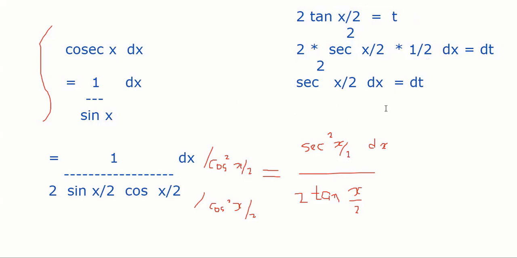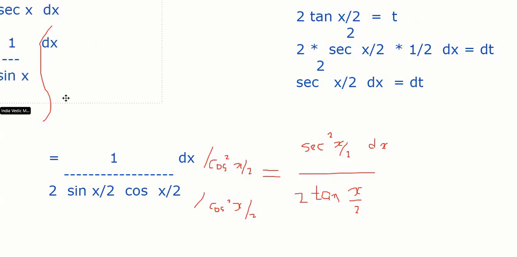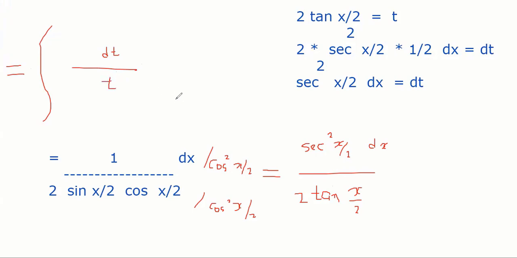So if I refresh, let me remove this. So my integration becomes now secant square x by 2 dx तो dt हो गया और 2 tan x by 2 मेरा t हो गया. कितना इजी हो गया? 1 by t dt.